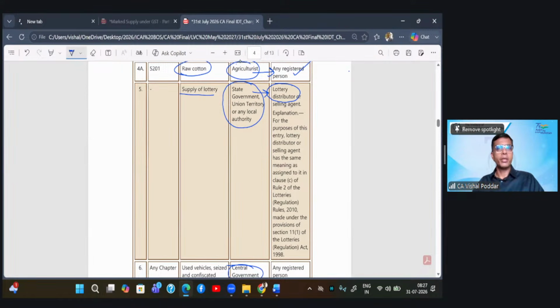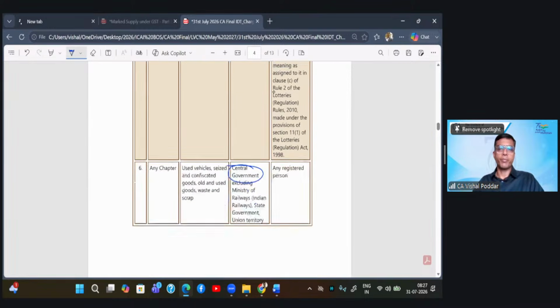Now, firstly, the government sells the lottery tickets to them and they sell it to us. So since these are businessmen, they are well versed with the entire compliance. So this burden of GST is shifted from the supplier, who is government, to the recipient, who are these lottery distributors or lottery vendors.